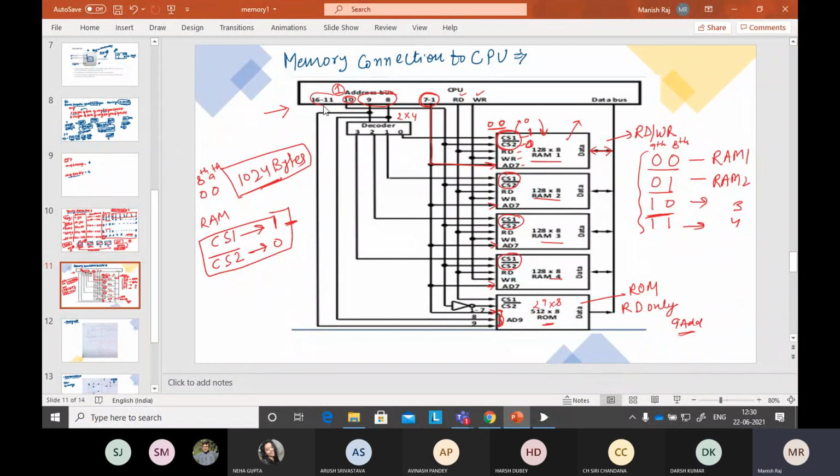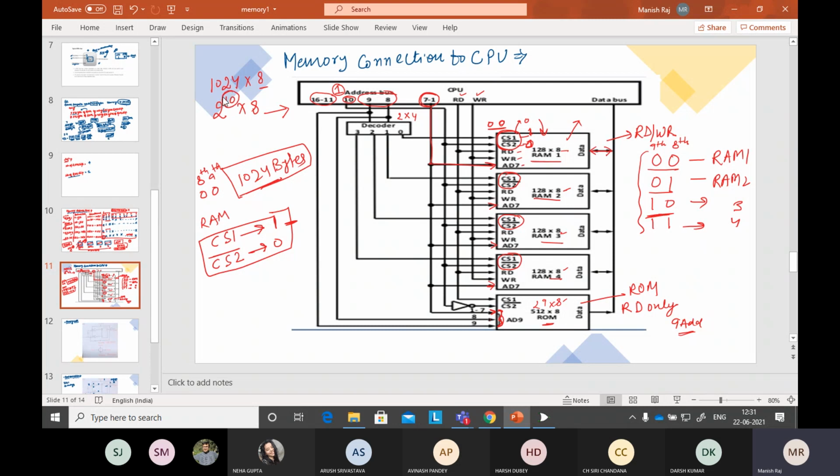The remaining bits, 11 to 16, we have not used, so we have not connected these bits anywhere. Okay, so we are using 10 bits, and why these 10 bits we are making the diagram: because we needed a 1024 into 8 structure. The 8 bit is okay because in all these RAM and ROM we are using an 8 bit data bus, and 2 to the power 10 into 8.